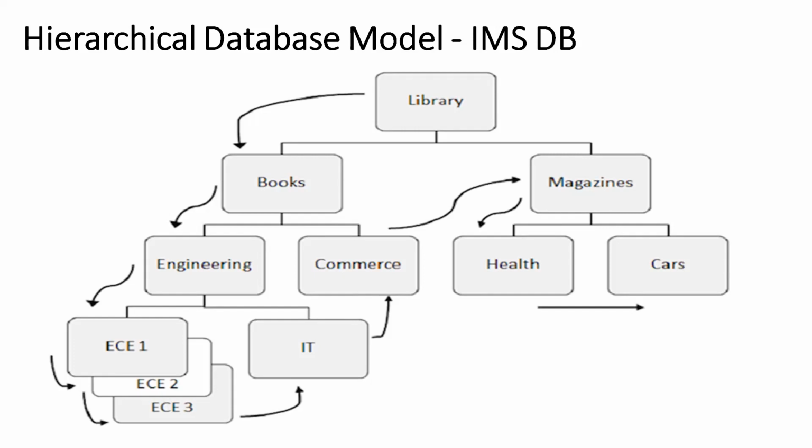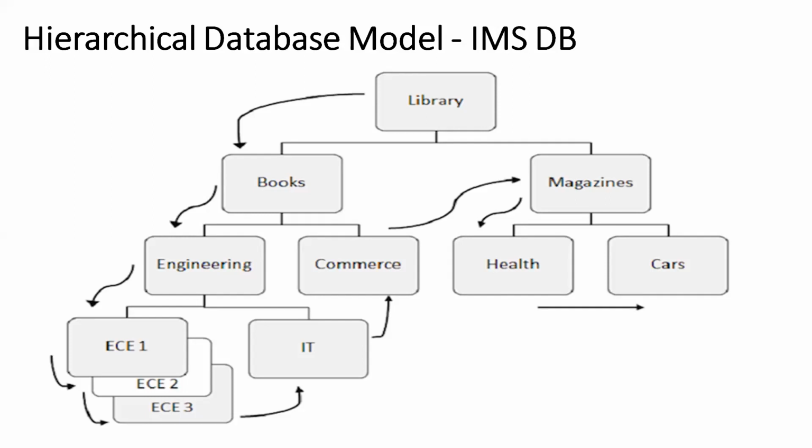Each segment looks like a PS file or a DB2 table. How we have data in a PS file, like employee ID, employee name, or account number, customer name, salary, the same way we have the data in these segments.